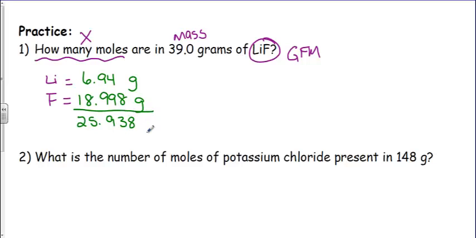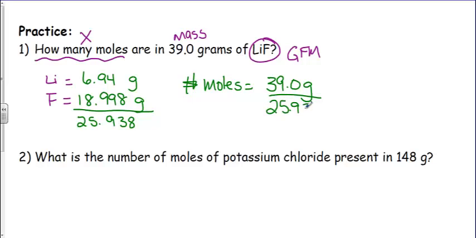And then we're just going to plug this in. So I'm not worried about sig figs right now. But let's go plug this into our formula from table T. So our number of moles is equal to our mass, 39.0 grams, divided by 25.938 grams per mole.